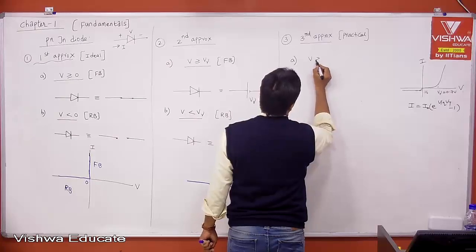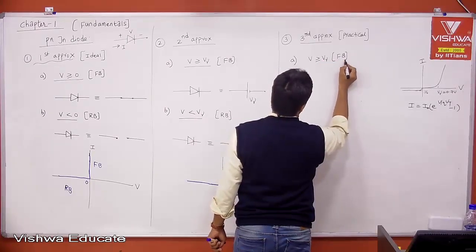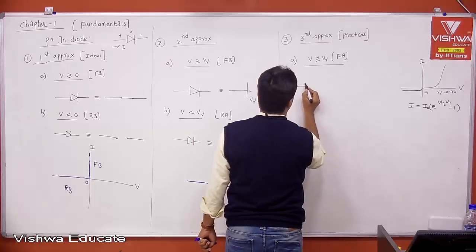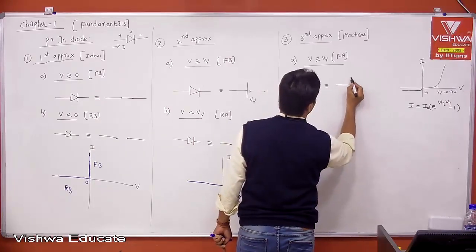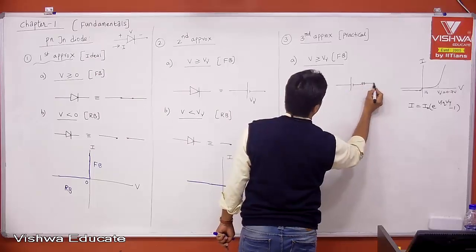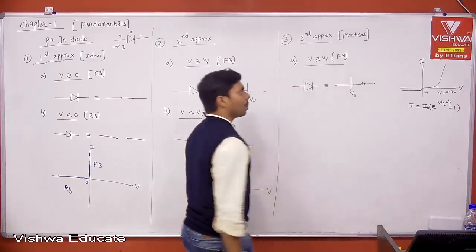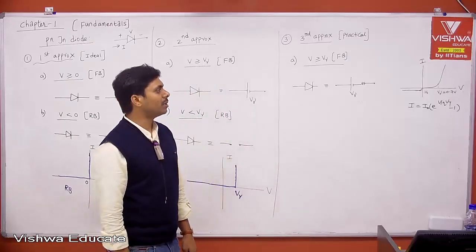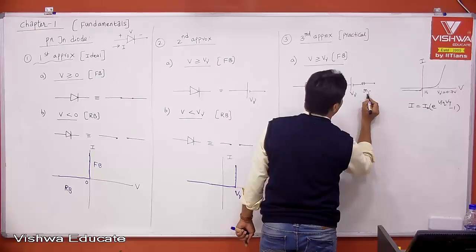Therefore, when V is greater than or equal to V gamma, this is in forward bias. Therefore, the PN junction diode will be equivalently represented with some resistance. What is that resistance? That is what people call the on resistance or forward resistance, small r_f.